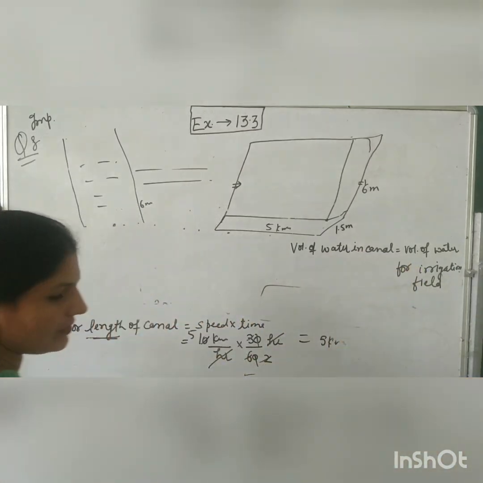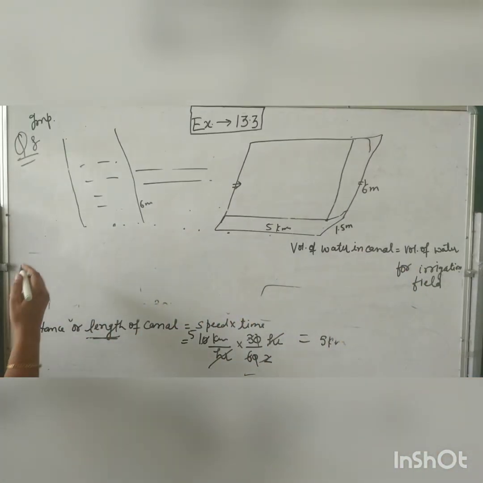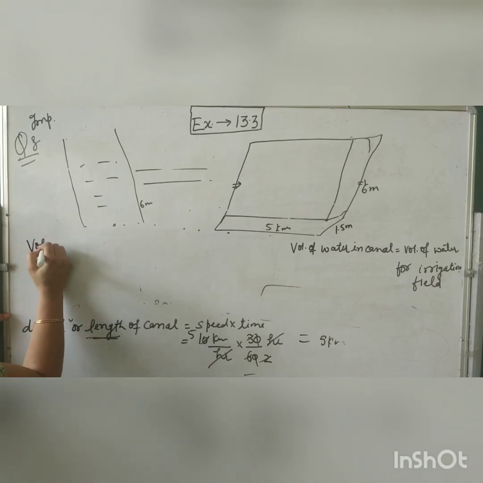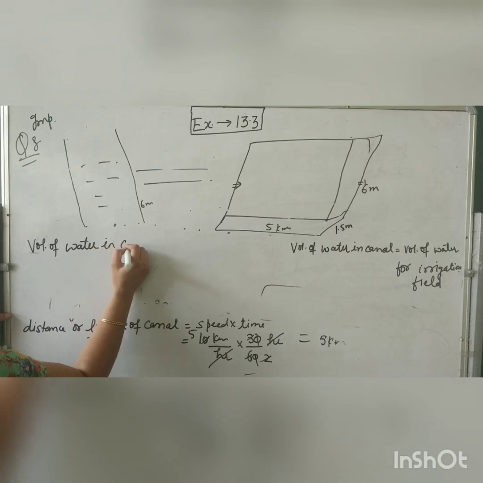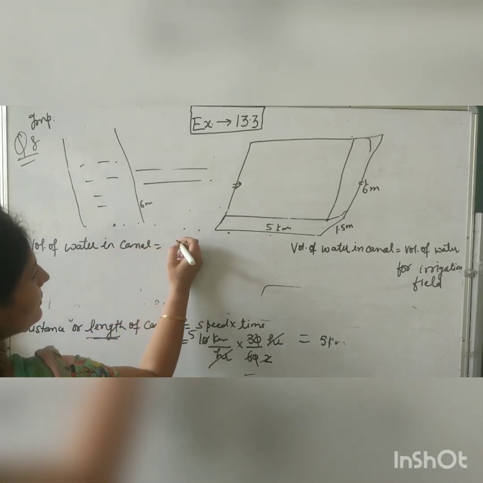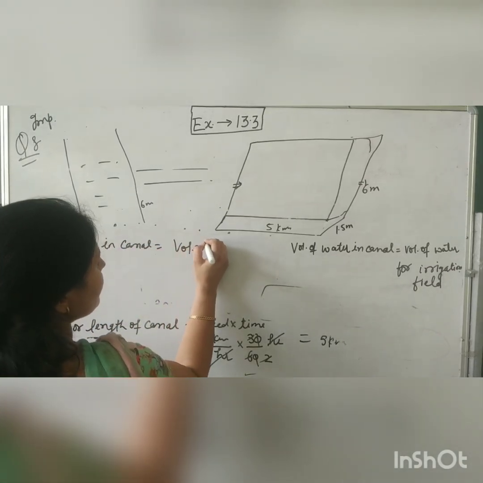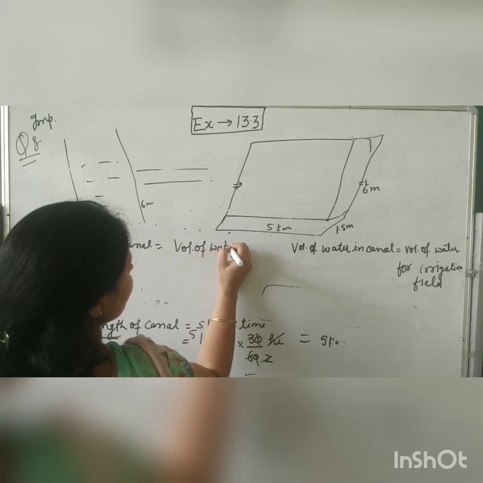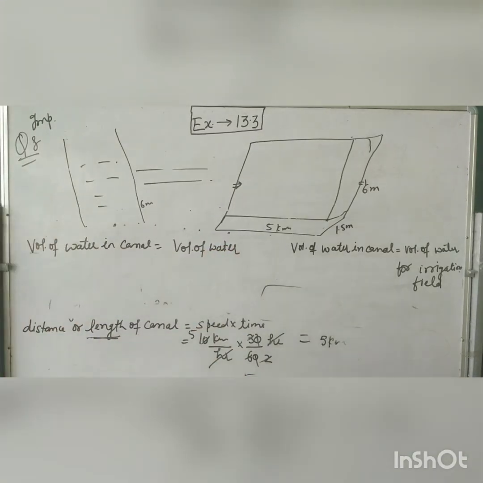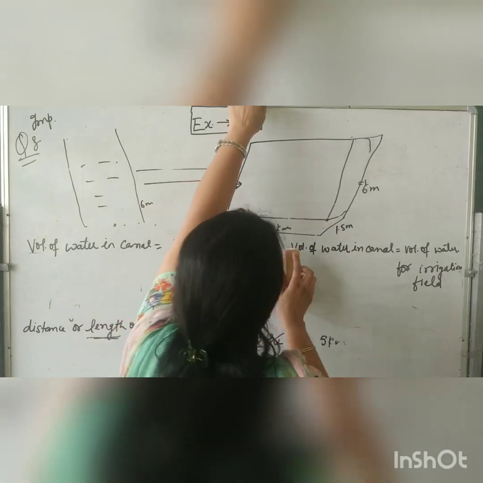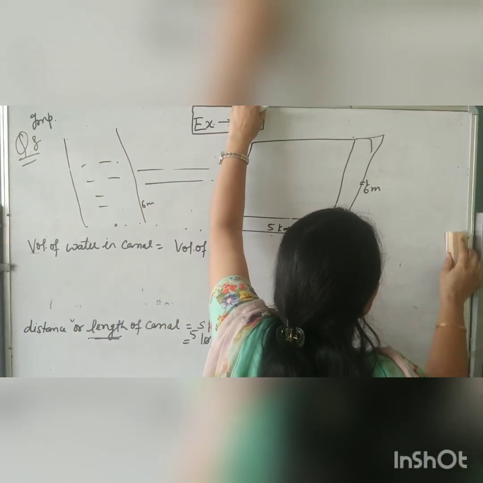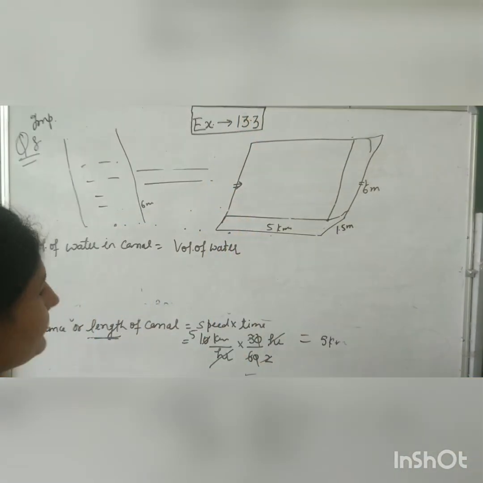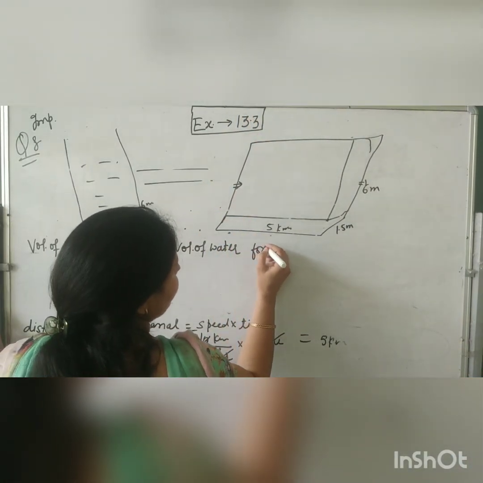This is our equation, I am writing again: volume of water in canal is equal to volume of water for irrigation field.